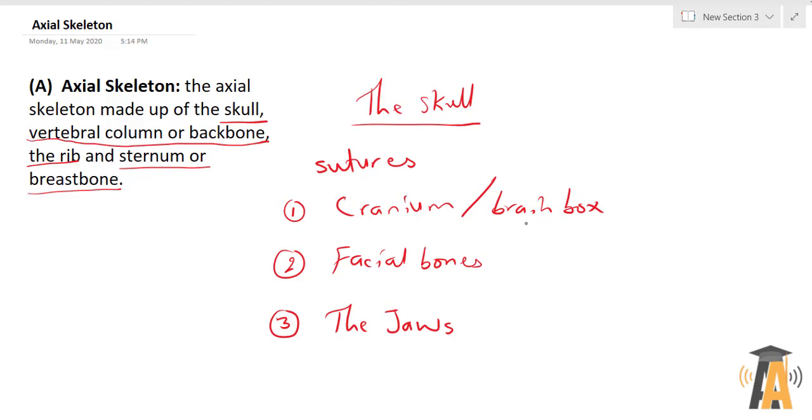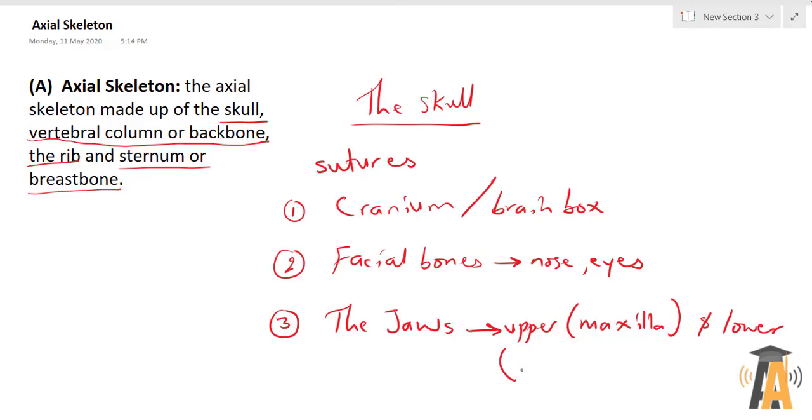The brain is contained in the cranium, I call it brain box, while the facial bones support the nose, the eyes, and muscles of the cheeks, while the jaw is made up of the upper jaw, known as maxilla, and the lower jaw, known as mandible.